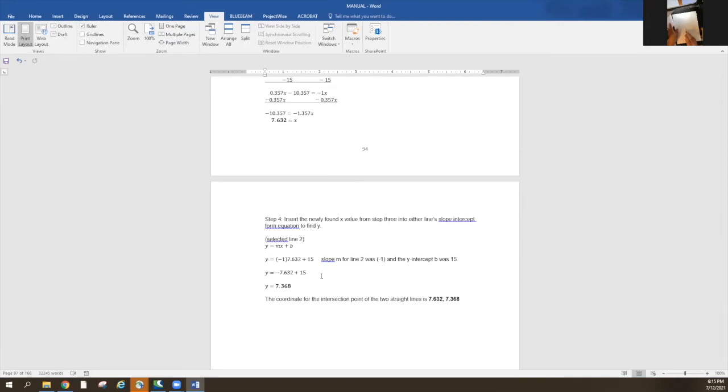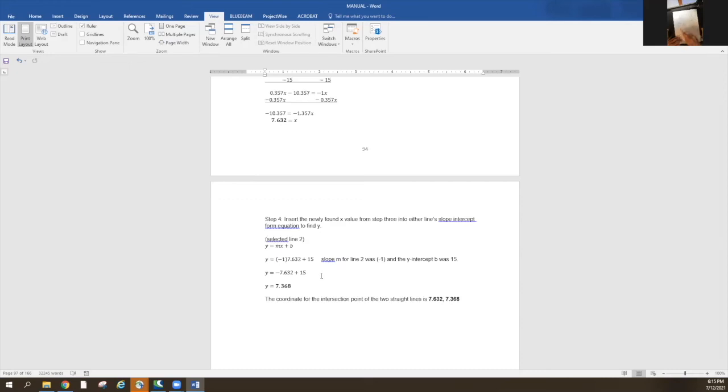I found x, so now I can plug that value into my x here: 7.632. Now what m and b do I use? I can choose whatever I want, because I can find the coordinate for this intersection using this line or this line.